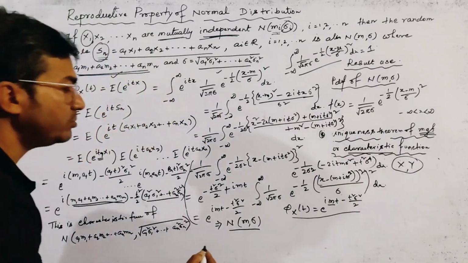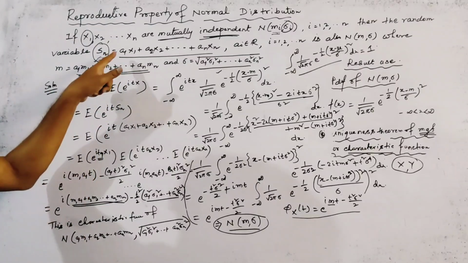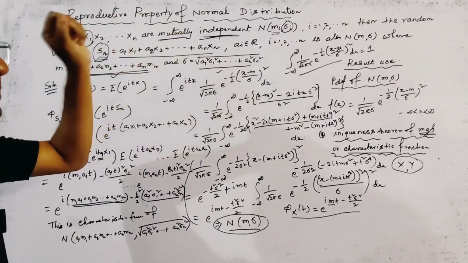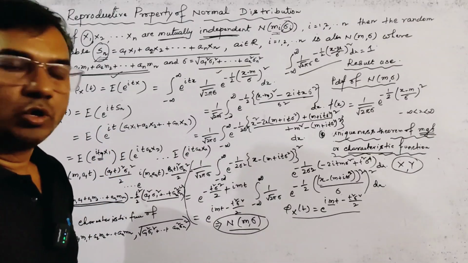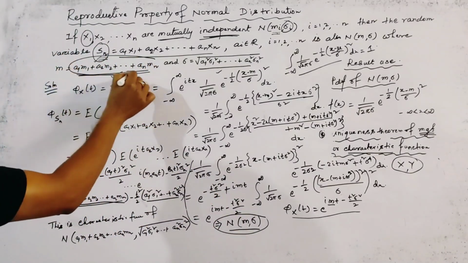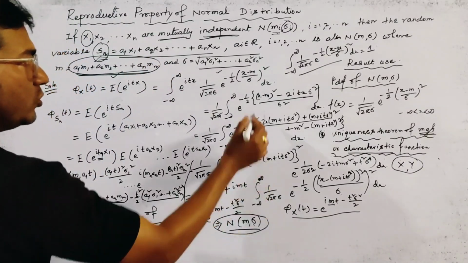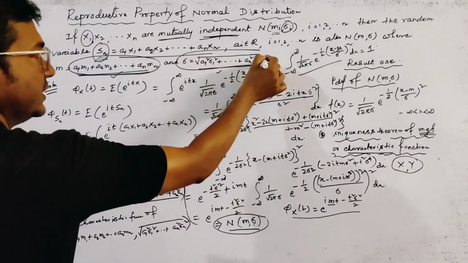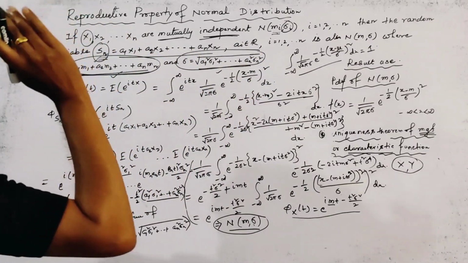Okay, so from this result we say that Sn, this linear combination of x1, x2, xn, is also a normal distribution whose mean is m, which is given by this, and whose standard deviation is sigma, which is given by this, and we prove our reproductive property of the normal distribution.